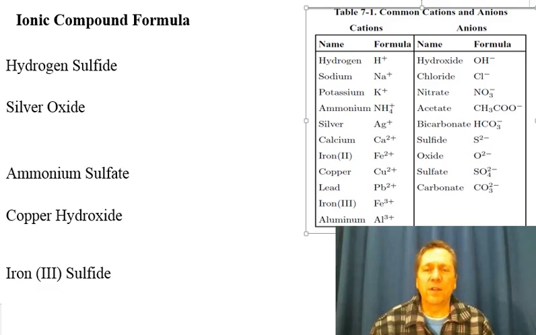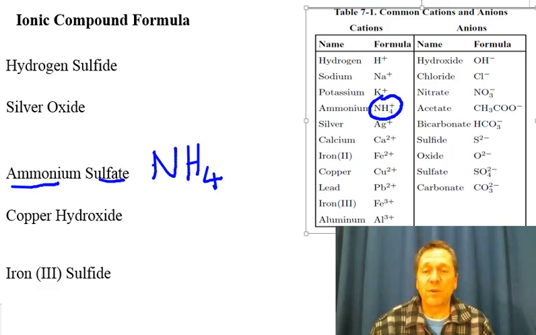What about ammonium sulfate? Okay, well, ammonium sulfate. I have to find the ammonium ion, and here is the ammonium ion over here. Now the ammonium ion, NH4, and that whole thing has got a 1 positive charge on it. Now this one's a little bit different from, say, silver, because this has got 5 parts.